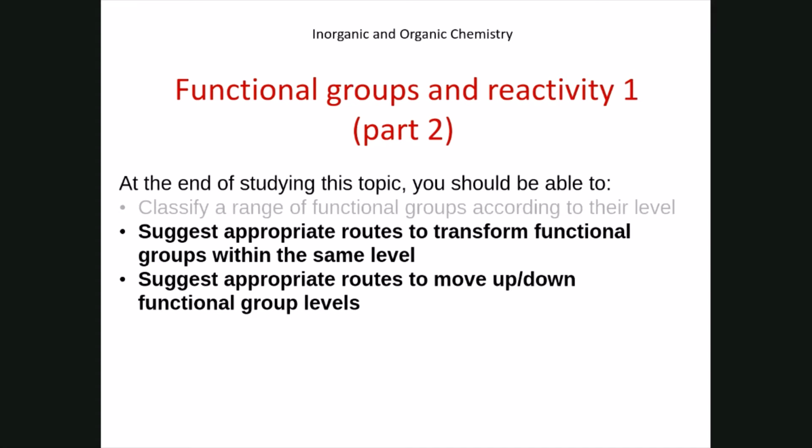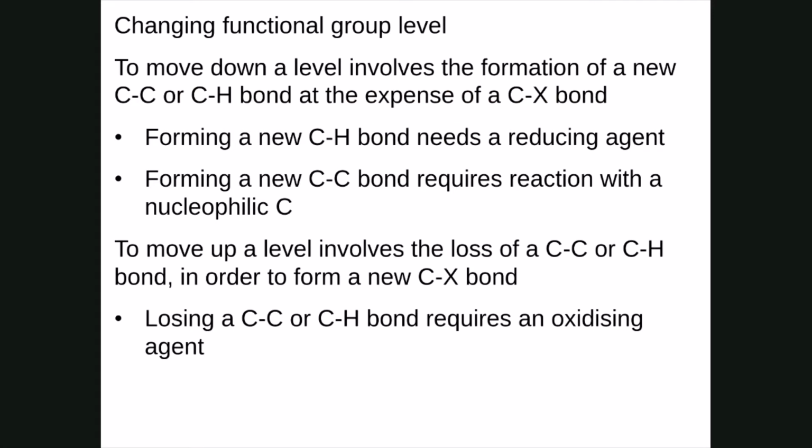So how do we change functional group level? Well, when we are moving down a level, we need to form either a new carbon-carbon bond or a new carbon-hydrogen bond. And that new bond that is formed is at the expense of a carbon-heteroatom bond.